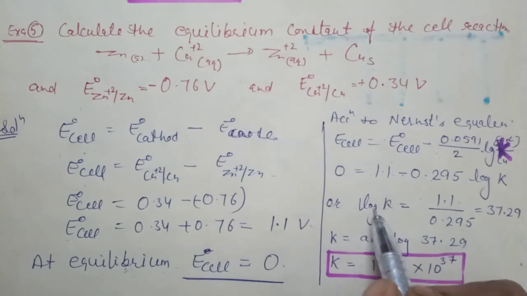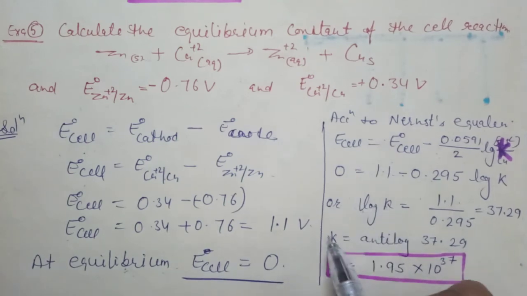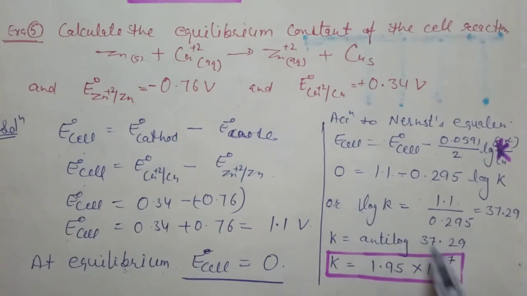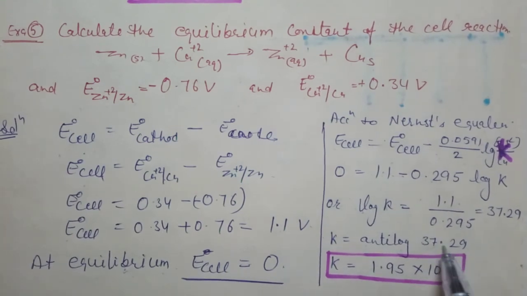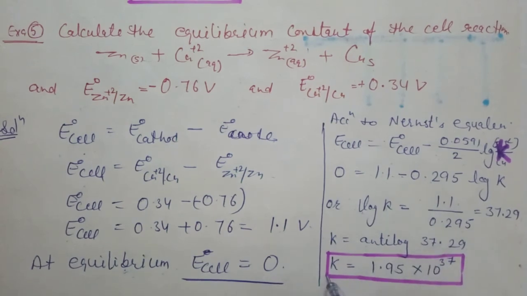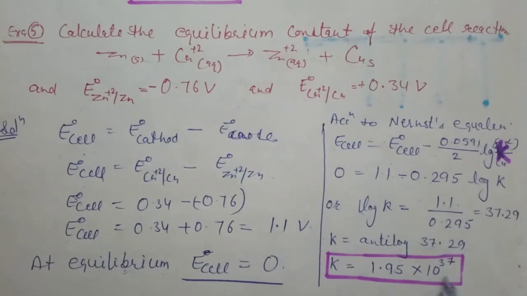Then K will be the antilog of 37.29: 37 will be the power, and the antilog of 0.29 will be 1.95. So the value of K is equal to 1.95 into 10 to the power 37.